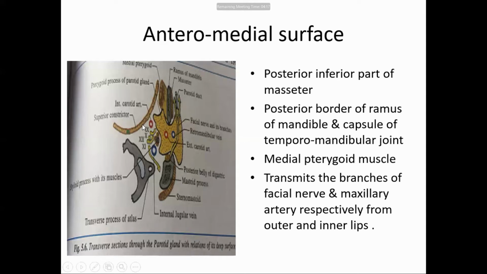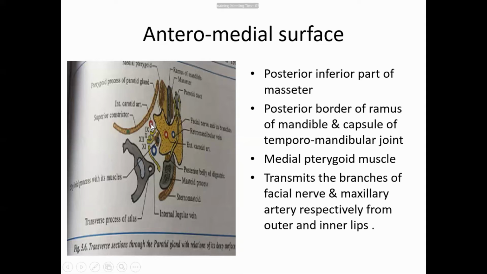And the posteromedial surface. These are the structures related with the posteromedial surface. It is related with the mastoid process, the posterior belly of the digastric muscle, sternocleidomastoid muscle, transverse process of the atlas, internal carotid artery, and internal jugular vein.